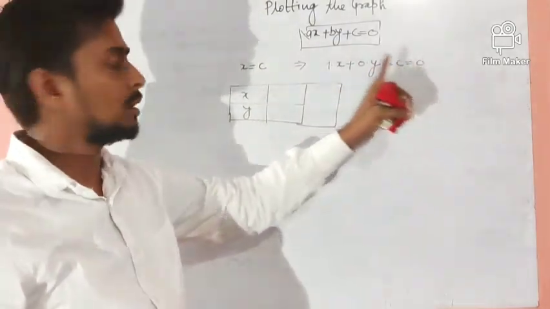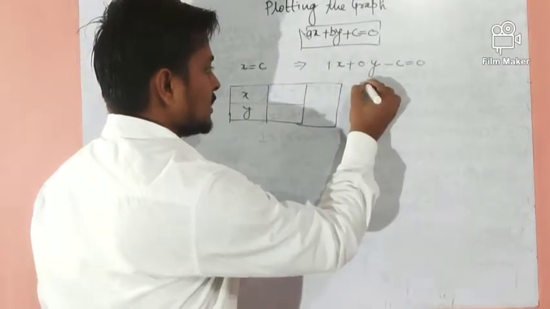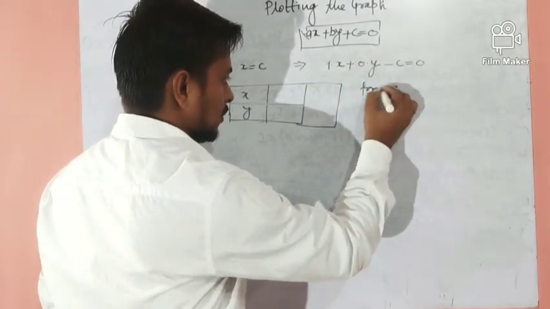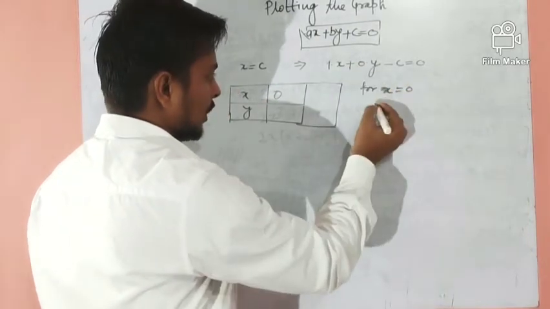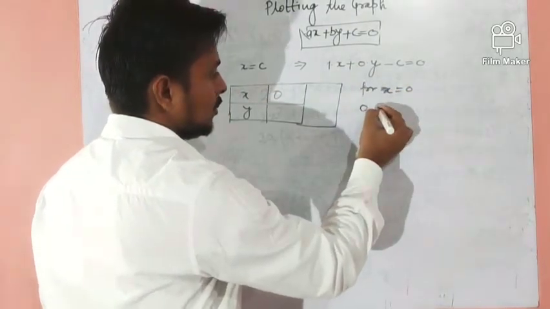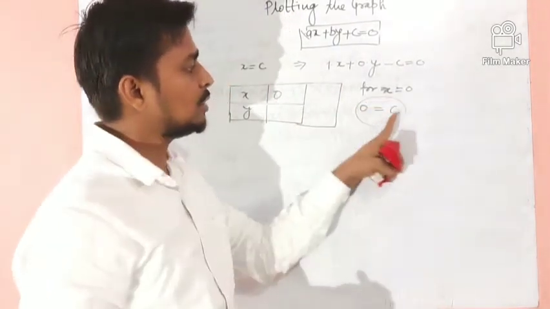Now this is converted into standard form. So for x is equal to 0, what do we get here? 0 is equal to c. Can any constant equal 0?